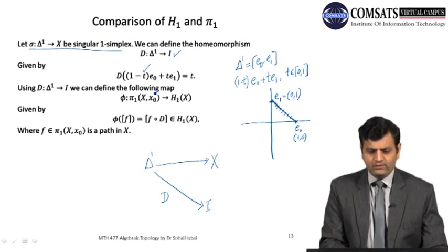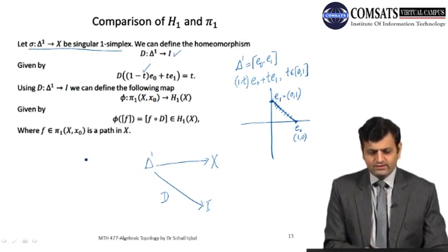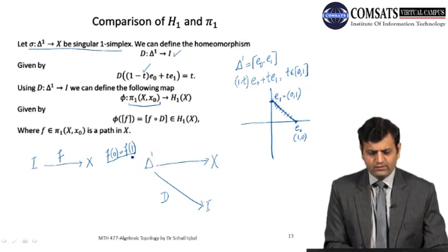So how can we define this map? Remember, what is this group? This is the group of all homotopy classes of loops. So what is a loop? A loop is a continuous function f from I to X such that f of 0 is equal to f of 1, and this f of 0 is the base point.